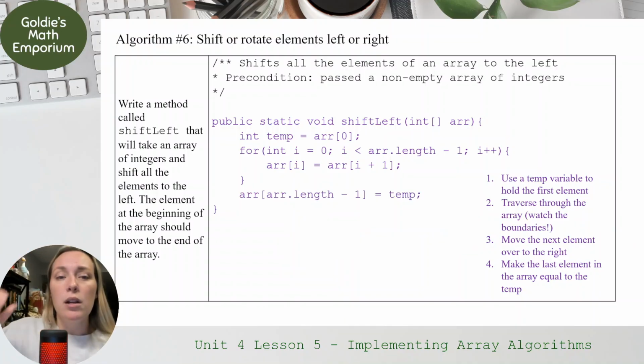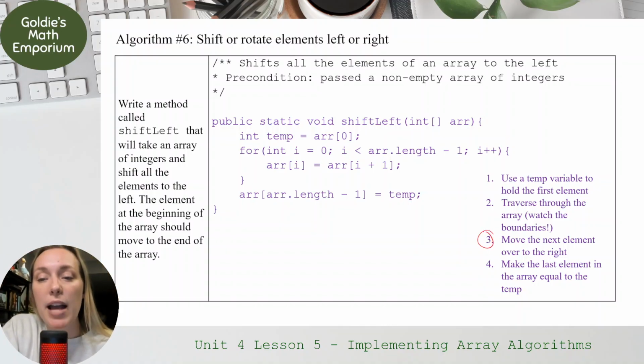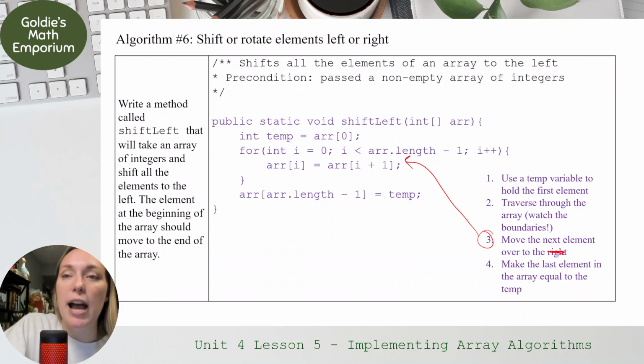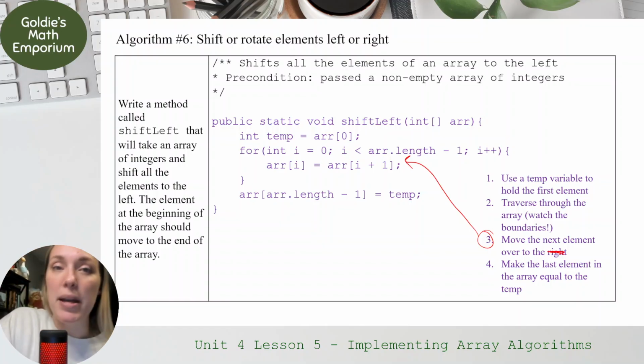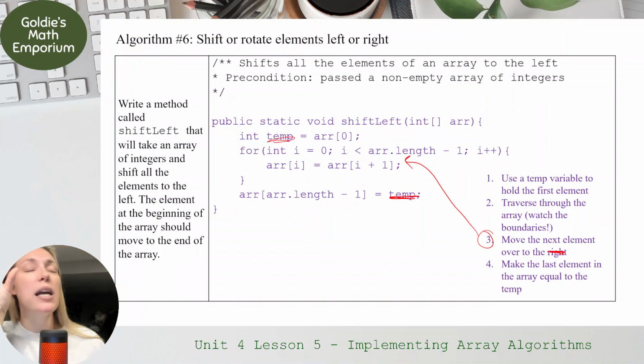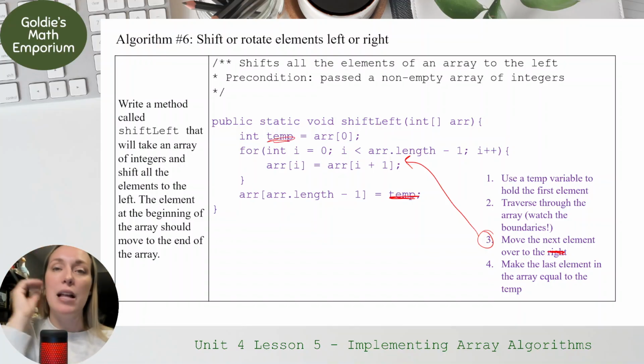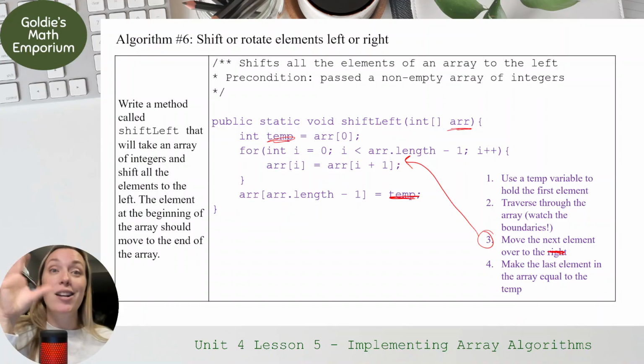And then what do I want here? How did I write this? I moved every element over to the left. Sorry, this should be left. I moved every element over to the left. And then once I got to that last element, I want to put in my temp whatever I stored in my temp and tucked away safely. I want to now put that at the very last element. And since I don't know the length of my array arr, I have to make sure that I code that.